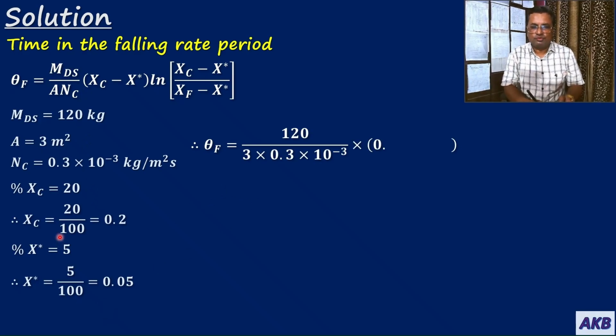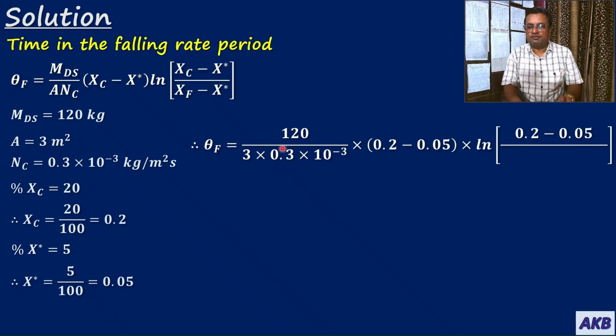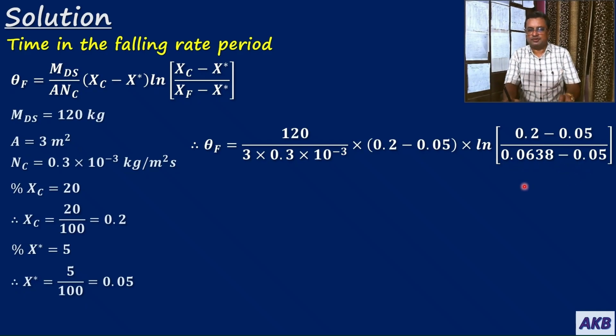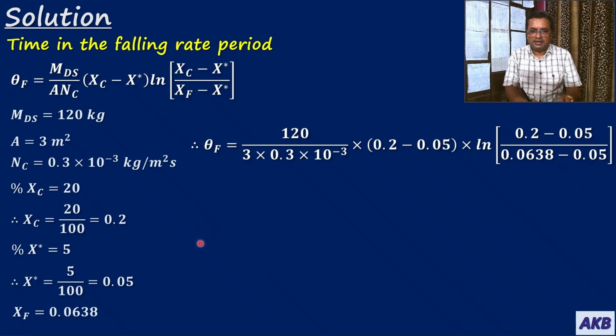Therefore, when we use all these values, theta f will be equal to 120 divided by 3 into 0.3 into 10 to the power minus 3 into 0.2 minus 0.05 into ln of 0.2 minus 0.05 divided by 0.0638 minus 0.05. So that is xf, we had found out earlier.